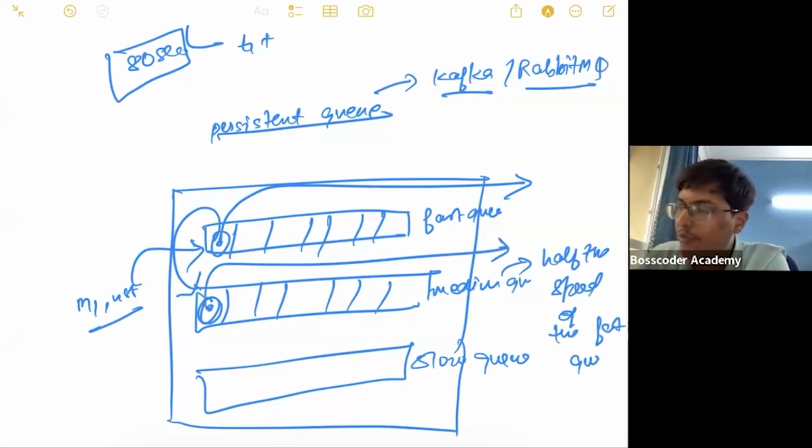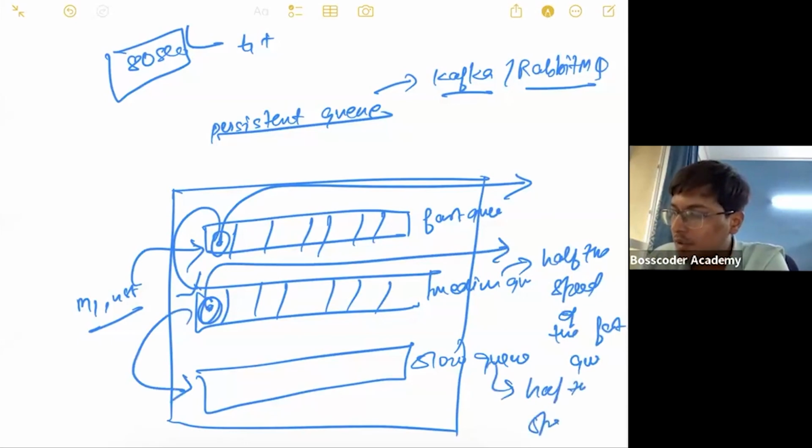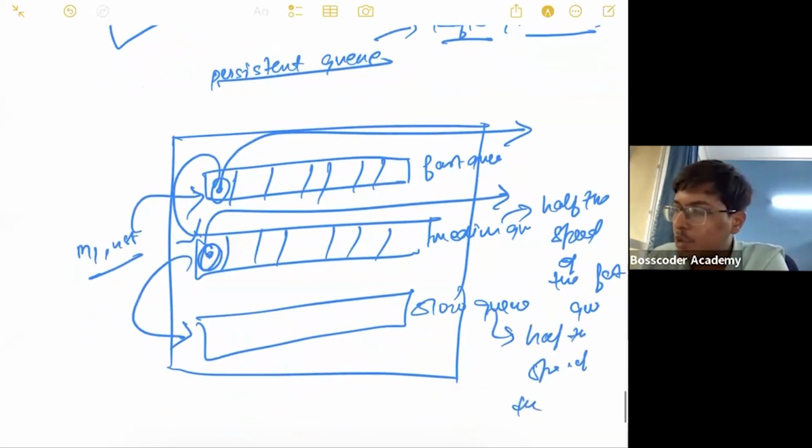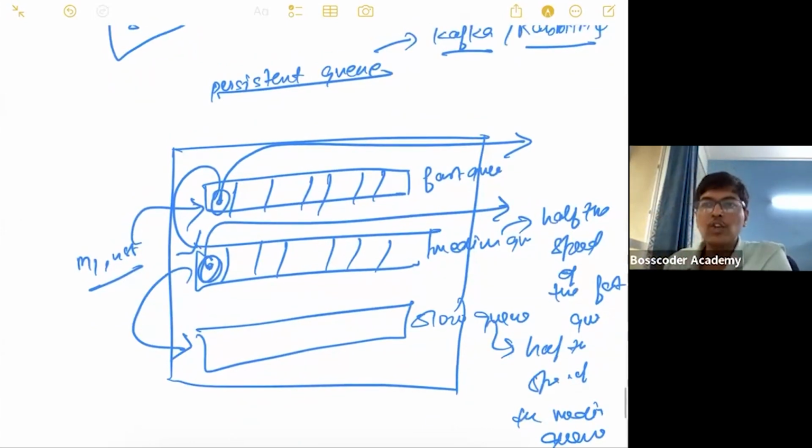If the request even fails here, then it goes to the slow queue, which runs at half the speed of the medium queue. This makes sure that you are retrying after some delay and not bombarding the system with just retries and not actual new requests. Does this make sense?